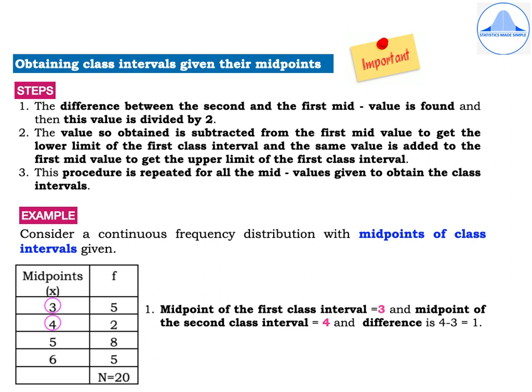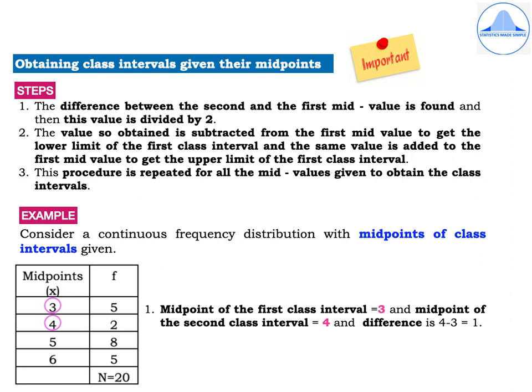The second step is the value so obtained should be subtracted from the first mid value to get the lower limit of the first class interval and the same value is added to the first mid value to get the upper limit of the first class interval. This procedure is repeated for all the mid values given to obtain the respective class intervals.